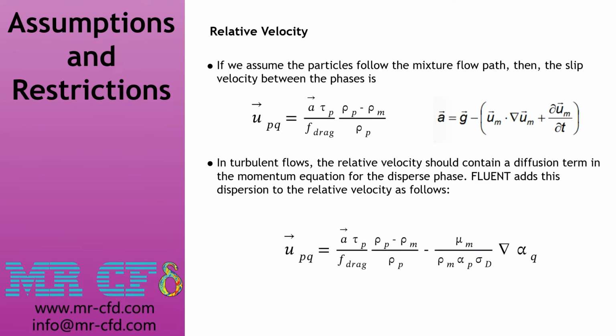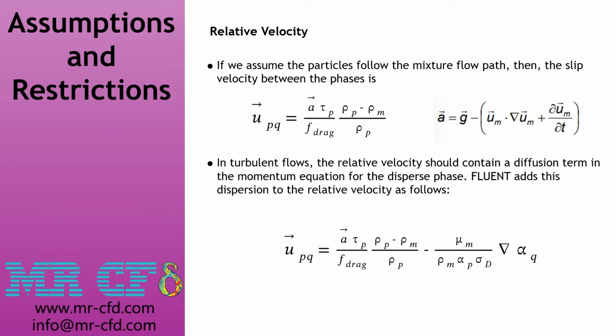To have a better insight into drift and slip velocity, the concept of relative velocity should be explained and known. Here we will only slightly discuss this matter by presenting the slip velocity equation, which is shown here. It is highly recommended that you read Fluent's online help to obtain more information regarding this prominent option. Now, regarding the governing equations for slip or drift velocities, back to the relative velocity concept.